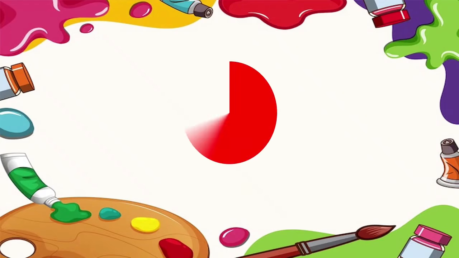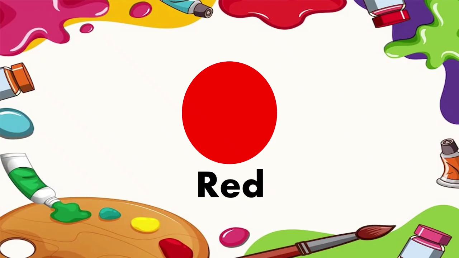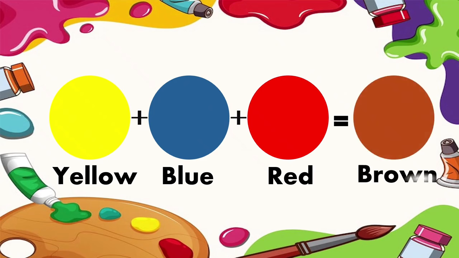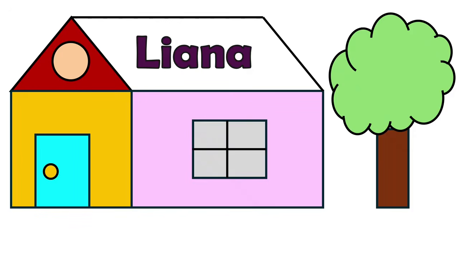Once again we have this beautiful color. Yeah, the red color. Let's mix them. Do you know the name of this color? Correct, it's brown. Let's paint this last color.